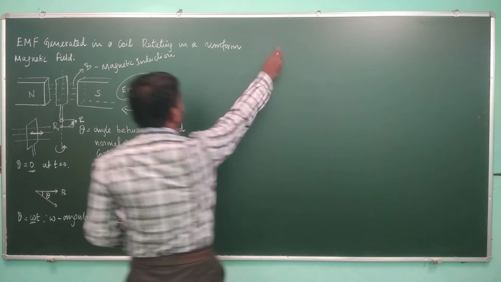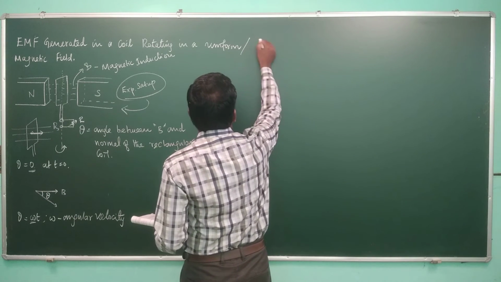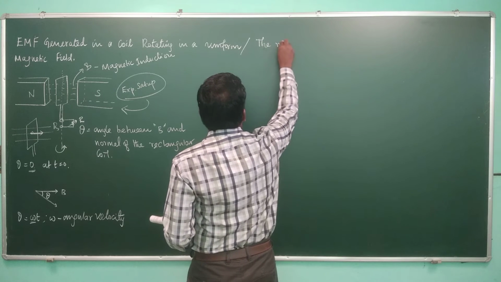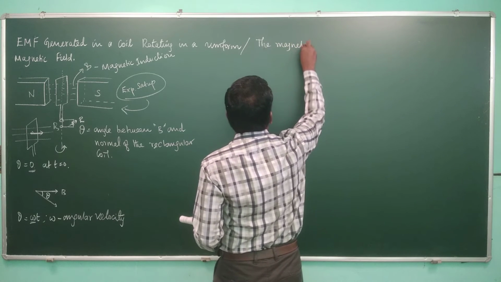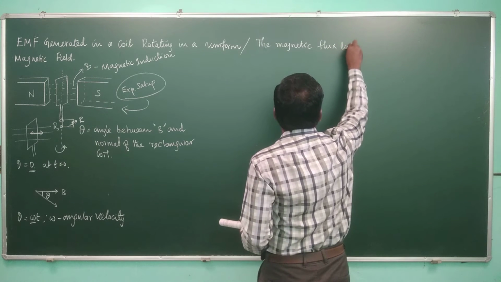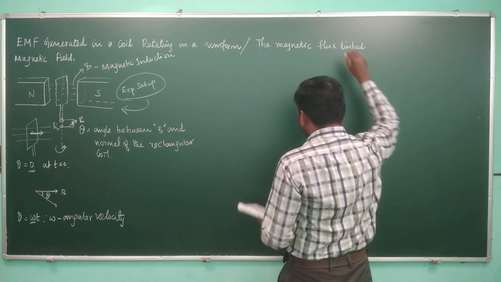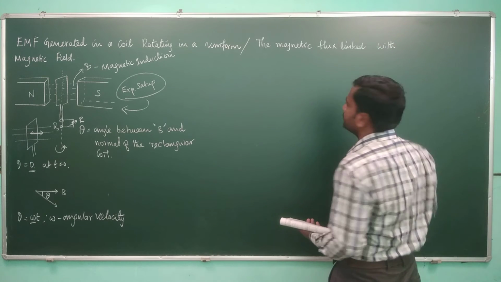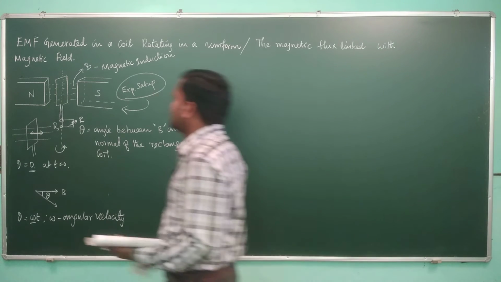Now let's write the expression for the magnetic flux linked with the coil.